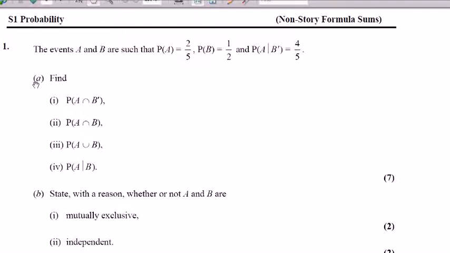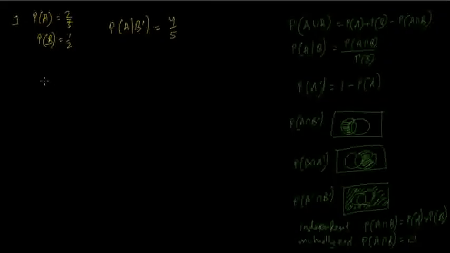The first question, find probability of A intersection B prime. So this is question number A1. Find the probability of A intersection B prime.